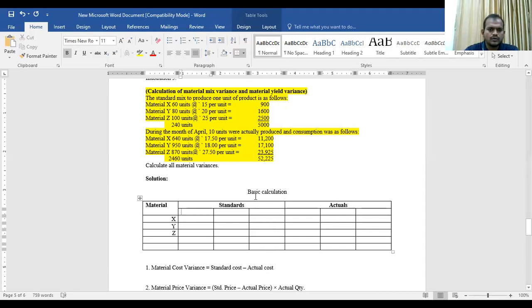Standard quantity, price, cost. Quantity, price, cost. Standards for ten units of product.